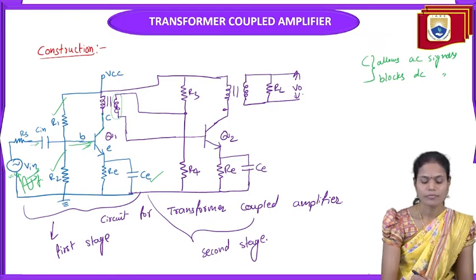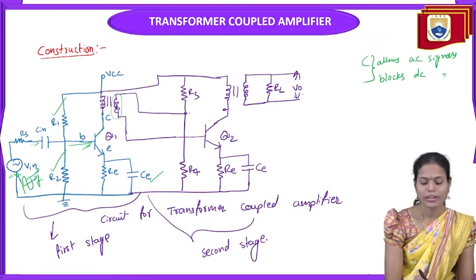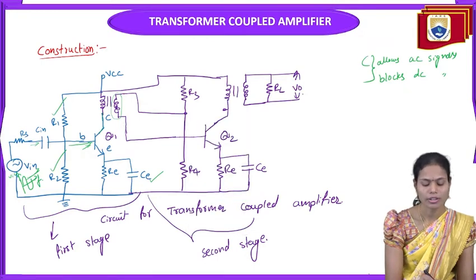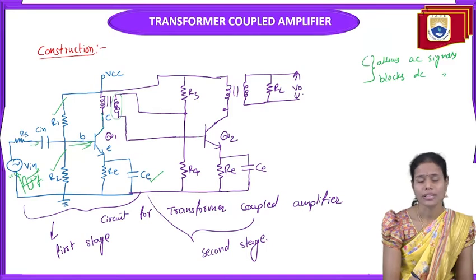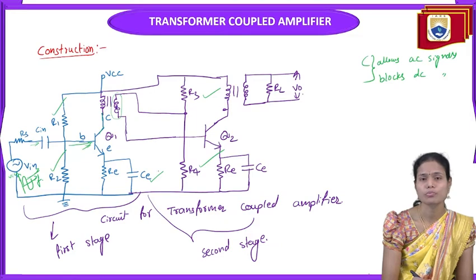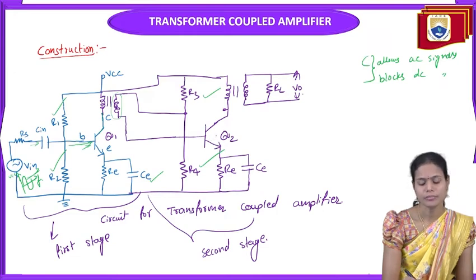Because of that, one end of the secondary winding is connected to the potential divider network, and the other end of the secondary winding is directly connected to the base of the second stage or second transistor here. Again here, the R3 and R4 resistors are used to provide the proper biasing as well as to set the proper stabilization for the amplifier circuit.